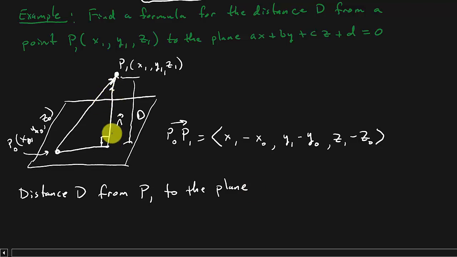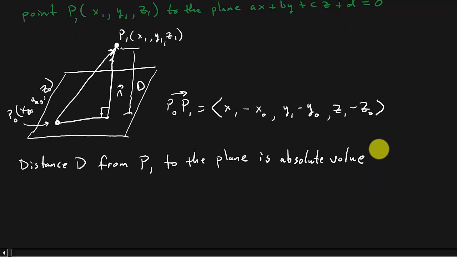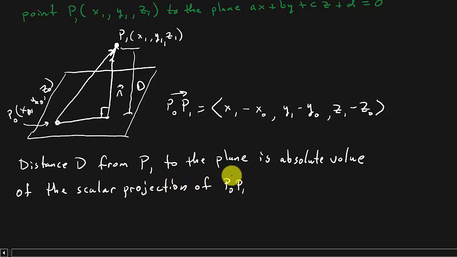This distance right here is the absolute value of the scalar projection of vector P0P1 onto vector n. The projection of this onto vector n.